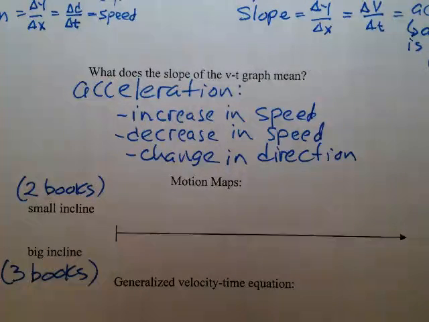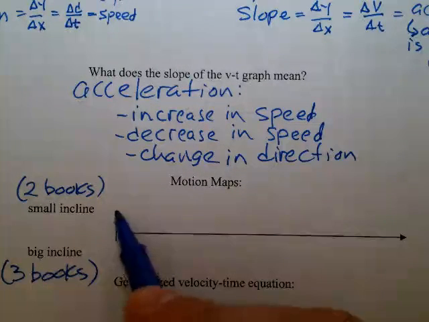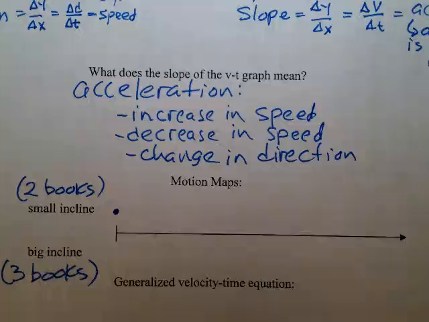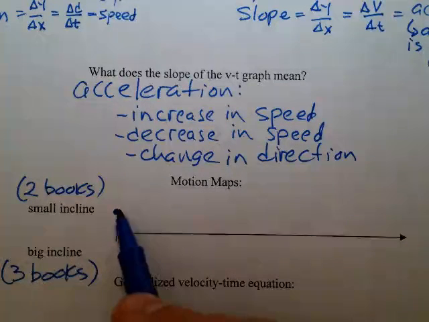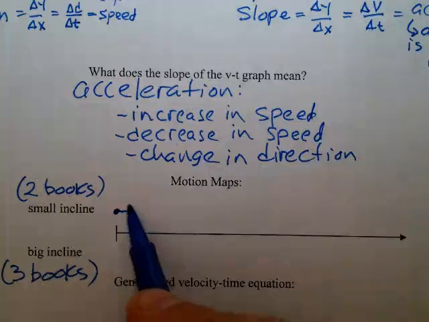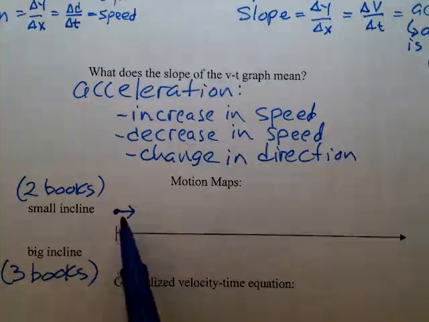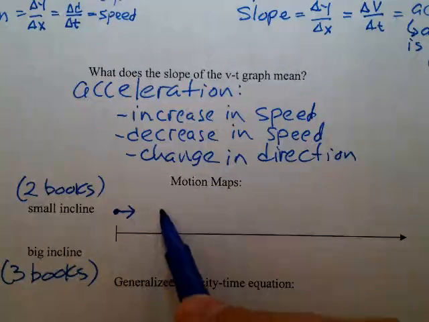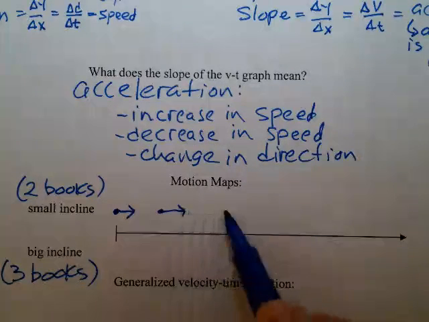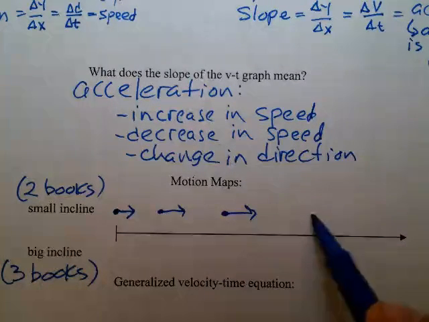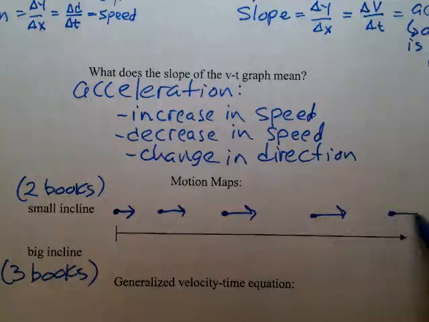On both the 2-book and 3-book ramps, the wheel always starts at the origin, so we're going to start here at the origin, put our dots. Always have to have a dot on a motion map. And I'm going to draw an arrow. Now, because this is acceleration, as we go, the dots are going to get further and further apart until we go off and we don't care anymore.